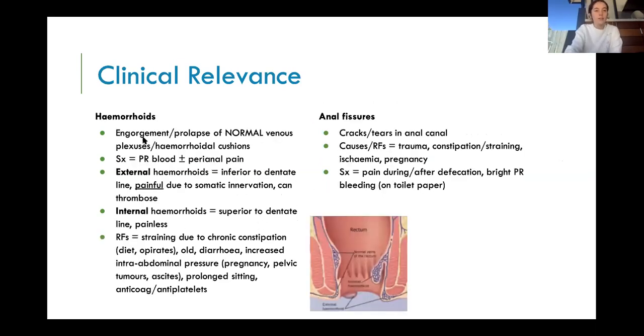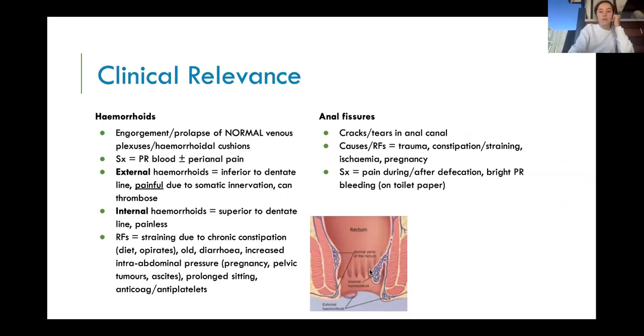And then hemorrhoids. Izzy kind of talked about this with portal hypertension, but basically you have these normal venous cushions in your anal canal, and then due to extra pressure or constipation or unknown factors, they get enlarged and have extra blood in them. So they can bleed or you can get pain.